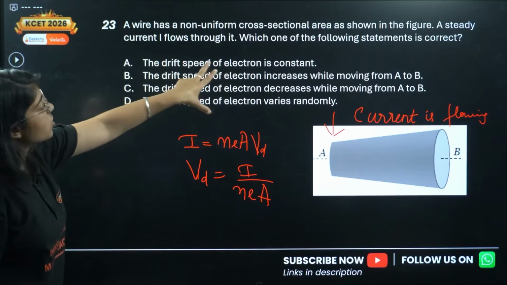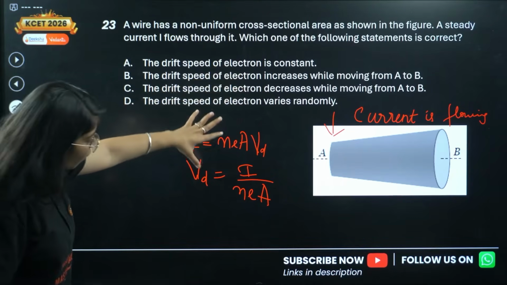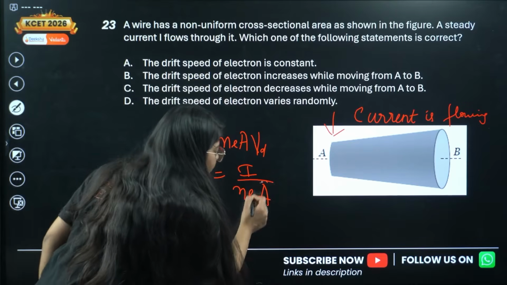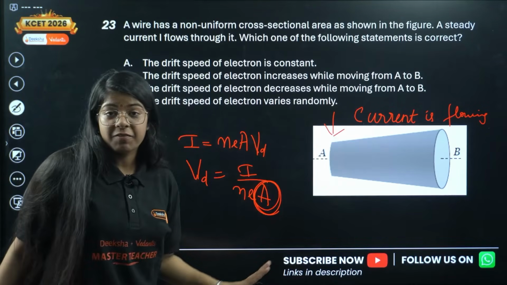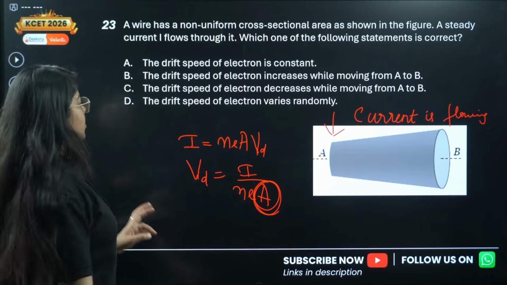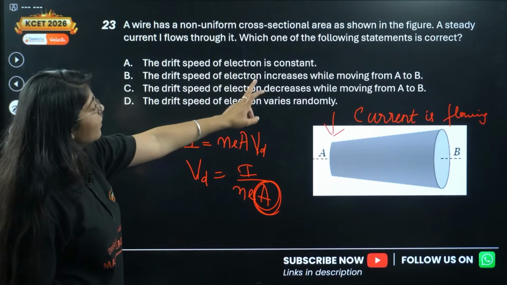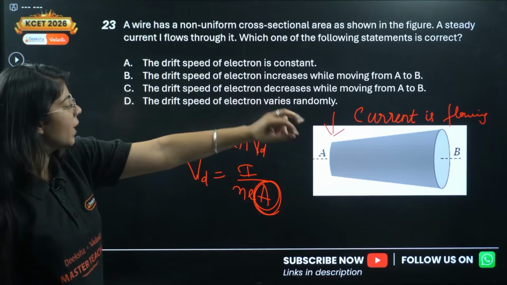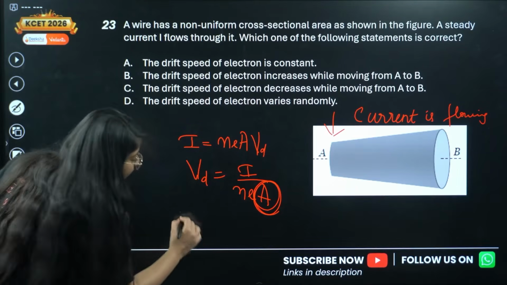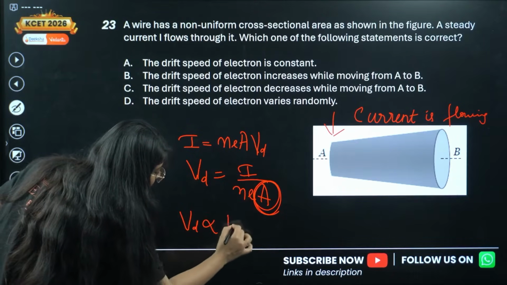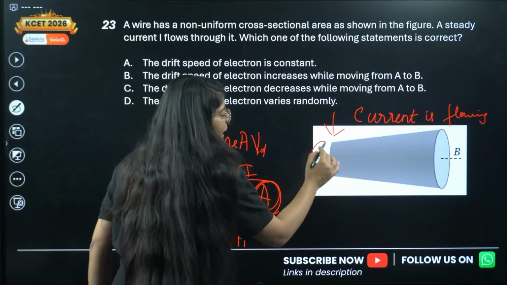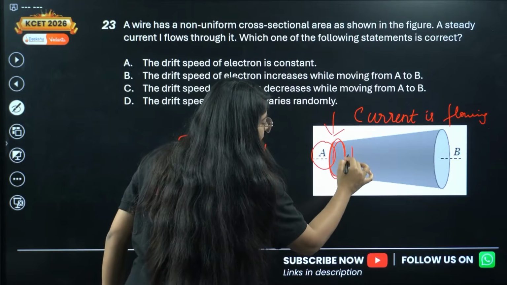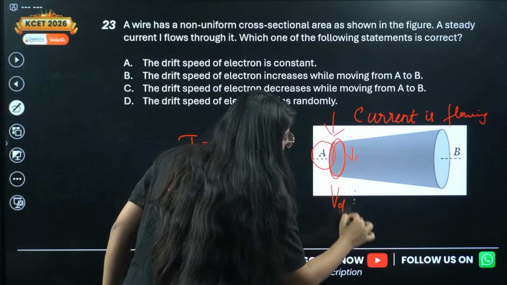The drift velocity of electron is constant. This definitely depends on the cross section of the wire, and the cross section of the wire is different, so it is definitely not constant. The drift speed of the electron increases while moving from A to B. Now, VD is inversely proportional to A. At part A, the cross-sectional area is less, so VD will be more.